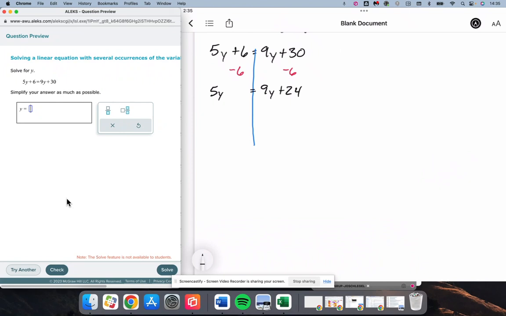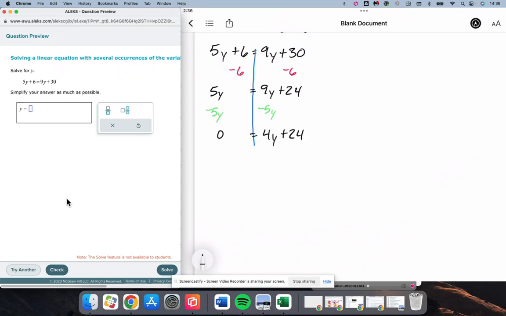You cannot say, oh, I'm going to subtract 5y and then I'm going to end up with 4y equals 24. That doesn't make sense. How did the 4y and the 24 get to opposite sides of the equal sign? Please don't do that. If you did subtract 5y, you would end up with 0 equals 4y plus 24.